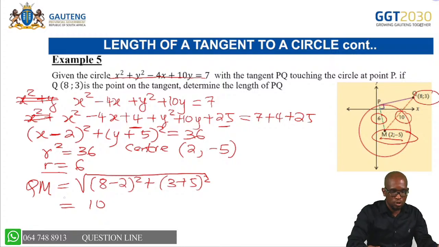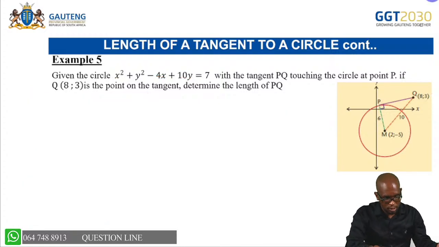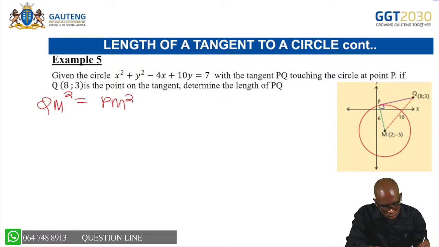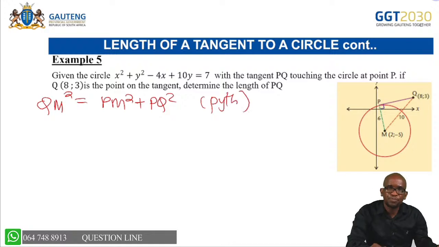We said we're going to use Pythagoras. So from the Pythagoras theorem, the square on the hypotenuse QM squared is equal to PM squared plus PQ squared. This is from the Pythagoras theorem.